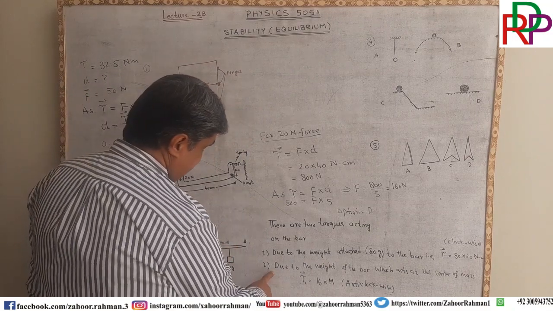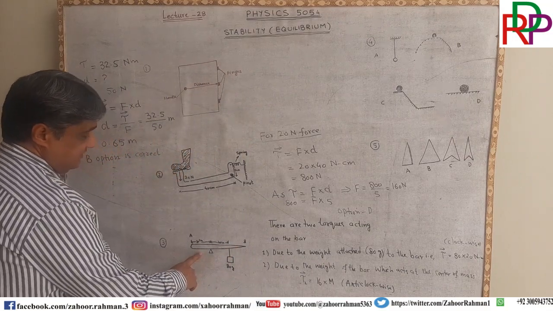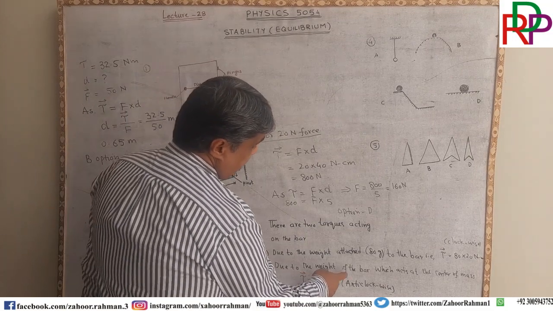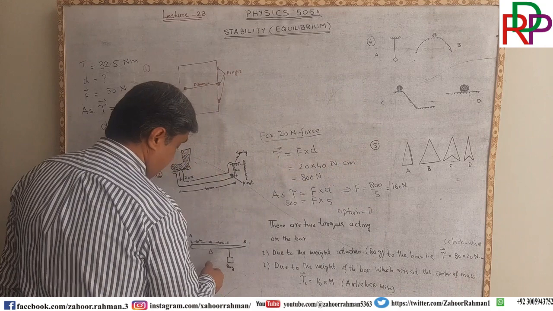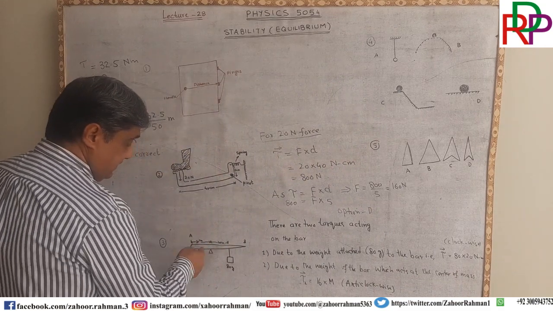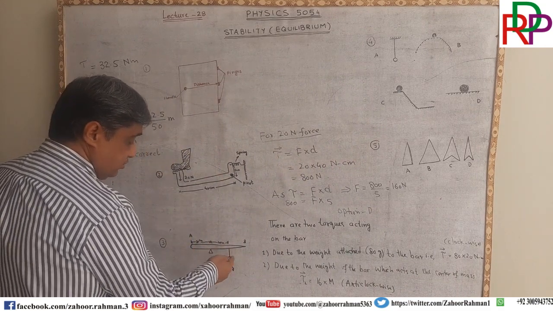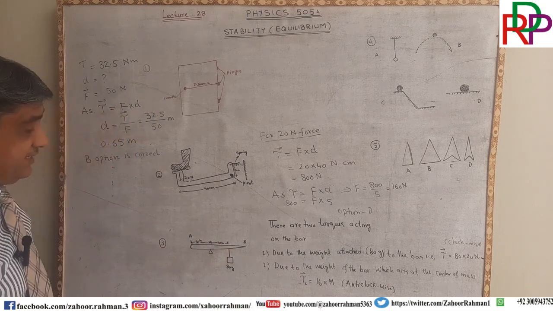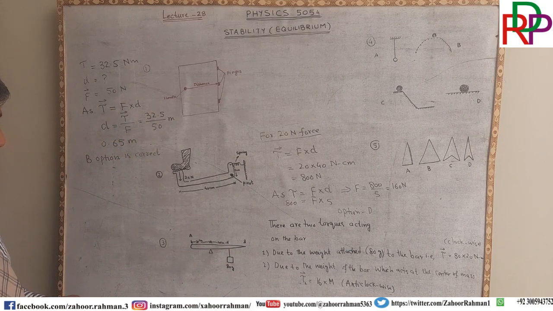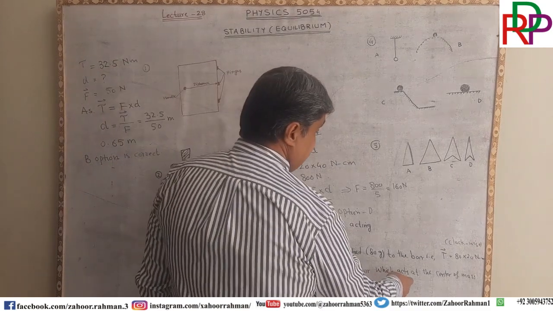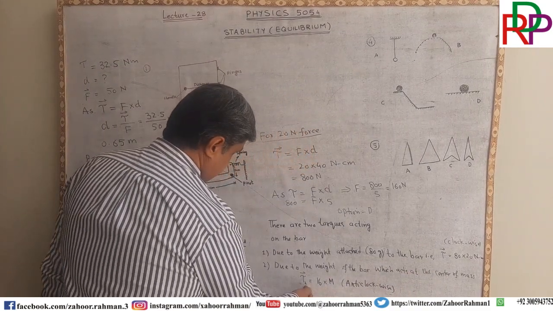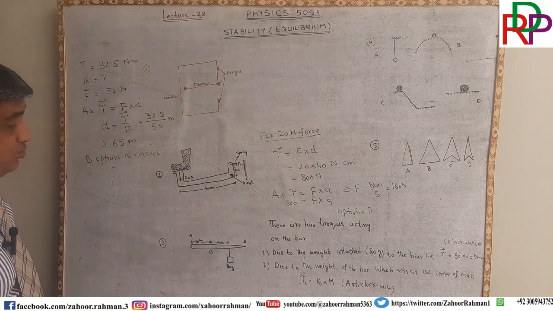The second torque which is acting on this is due to the weight of the bar which acts at the center of mass. One is this attached weight, and this bar is having its mass as well as its weight. So that is the center, and this is 16 into m.